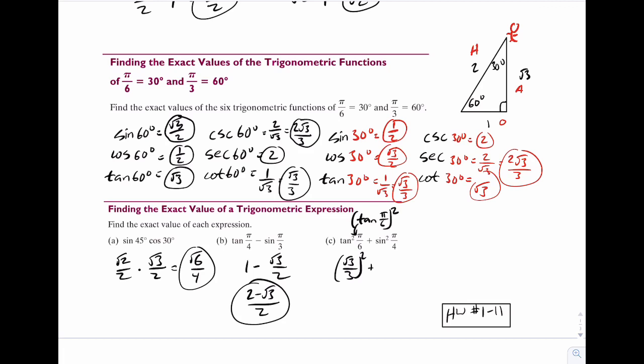Sine pi over 4 is root 2 over 2, we square it, and let's work it out. That would be 3 over 9, which is 1/3, plus 2 over 4, which is 1/2. 1/3 plus 1/2 is 5 over 6. Let's circle that, and we're now done.